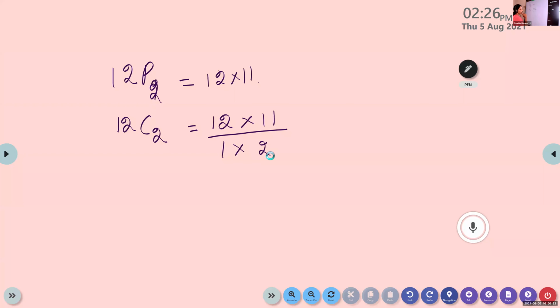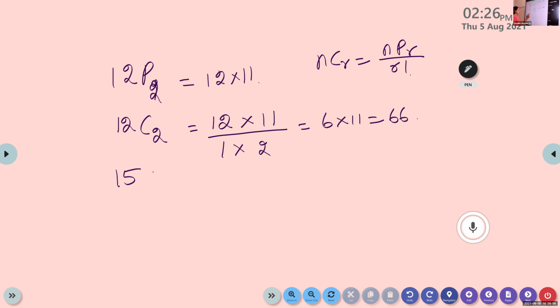Here, we have one more 'by'. What is the relation? nCr is nPr by r factorial. nPr, we know we can write this as 12 into 11, then by r factorial. Here r is 2. So 12 into 11 by 1 into 2. So we get 6 into 11, which is 66.